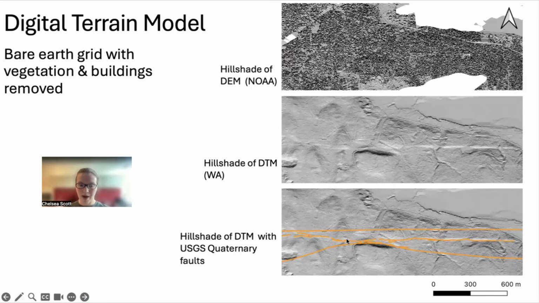And these faults have been mapped, shown here in the bottom, by the USGS, available in the Quaternary Fault Database. So in summary, this is really an important example of showing the bare earth features, in other words, faults, that we can see beautifully in a DTM, but are really hidden in a DEM or digital elevation model.